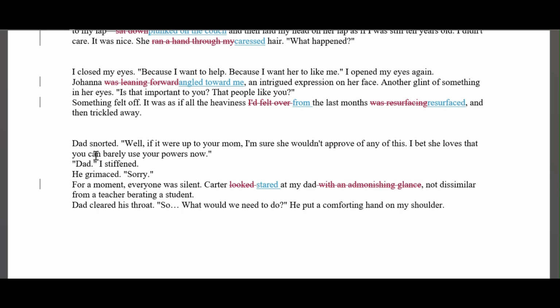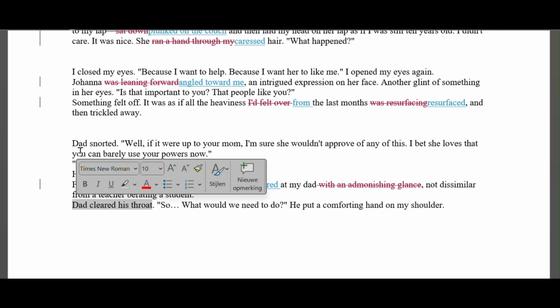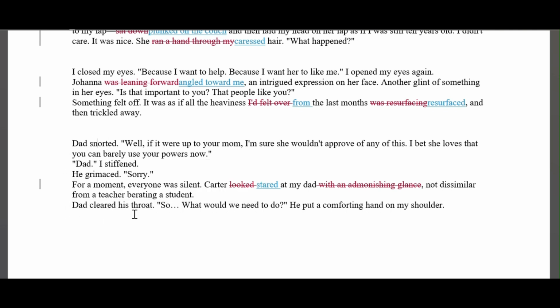But like snorted and grimaced, it's often overused. So while for the sake of strong verbs, you don't really need to change them, you still might want to do so to make sure it's not overused in your story and that it actually adds something to the emotional valence of the scene. And then finally, he put a comforting hand on my shoulder.